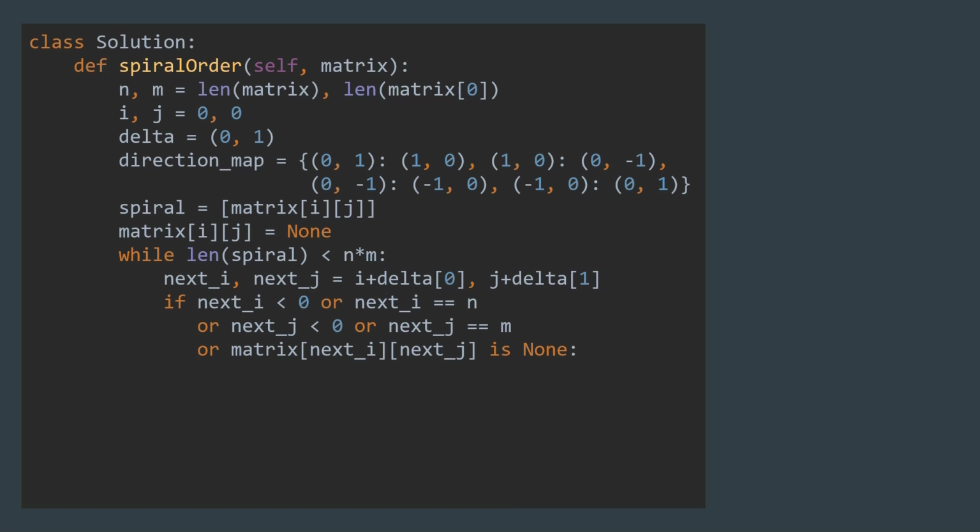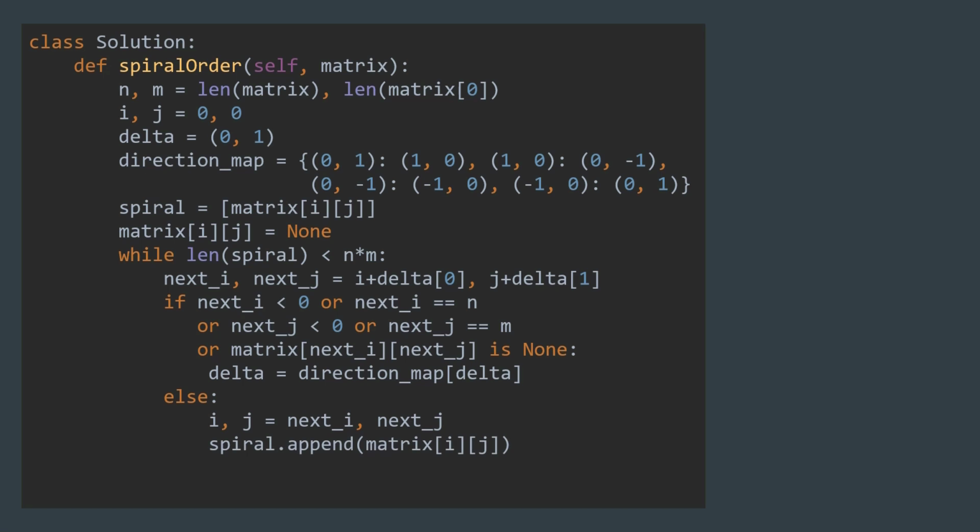If one of these conditions is true, we switch the direction by using the map. We assign direction map of delta to the current delta. Else if it's safe, we update i and j with their new values next i and next j, we add matrix of i j to traversal, and we set it to null. After the loop, we return traversal, and we solve the problem.